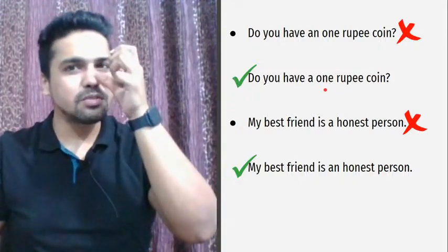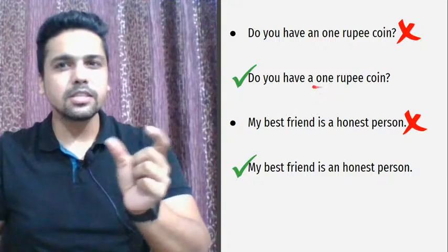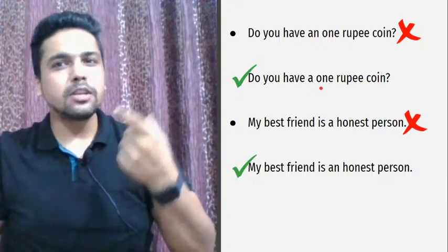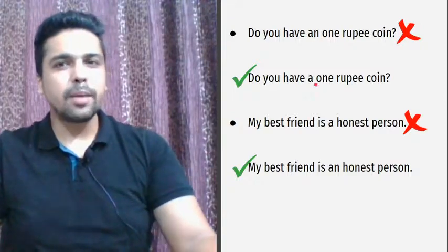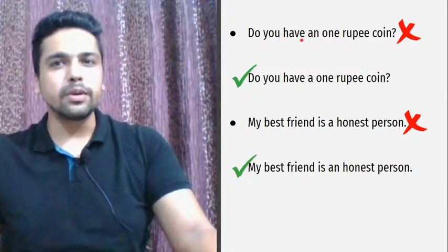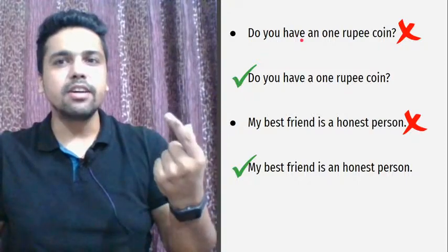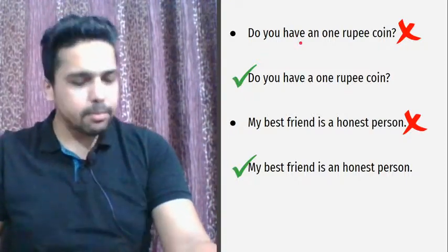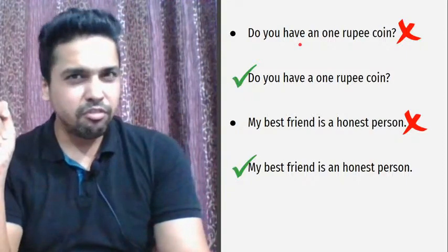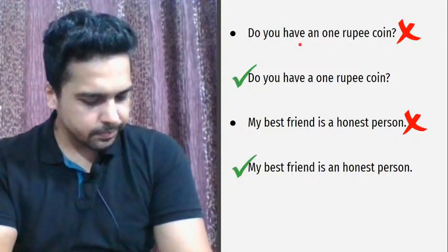Now, why this? Because we are talking about the use of article on the basis of the sound. So what is the sound of the word one? Look at the beginning sound. I'm not talking about the spelling, I'm talking about the sound. It's the V sound. Is it a vowel sound? Is V a vowel sound? Tell me in the chat box quickly. Is V sound a vowel sound?